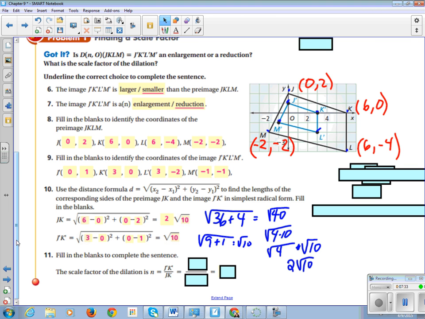Now we know that our scale factor n is the distance of our image over the distance of our pre-image. Root 10 cancels with root 10, and we're left with what we knew from looking at the coordinates, 1/2.